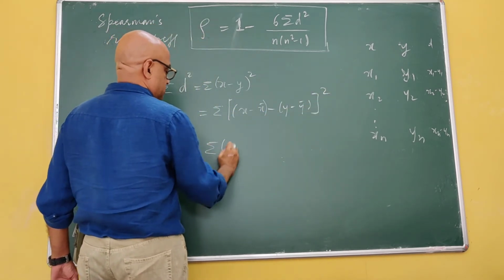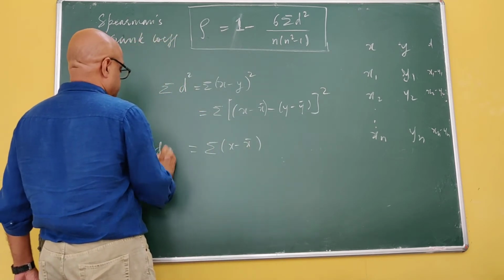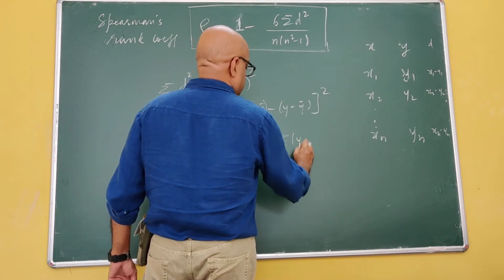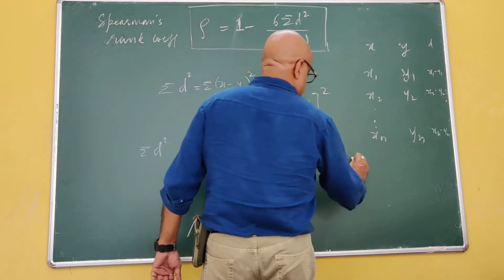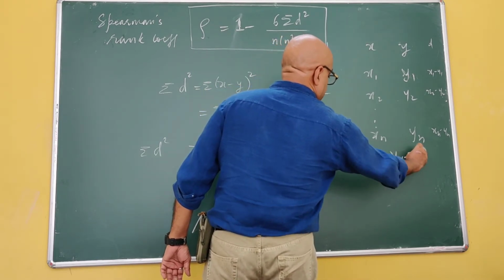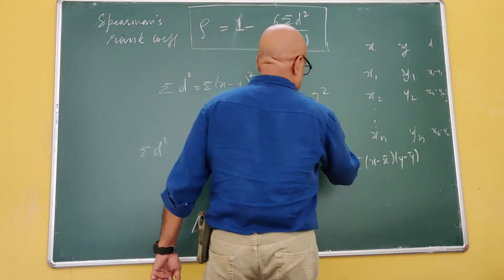I get summation x minus x bar square plus summation y minus y bar square minus 2 times summation x minus x bar into y minus y bar. Right? Yes, of course, right.